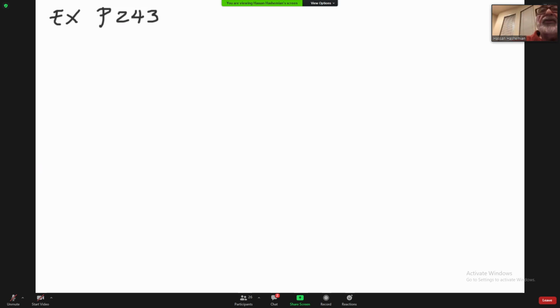So we do a service flow analysis for a two-lane roadway.